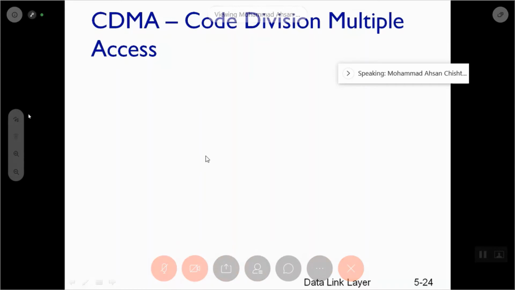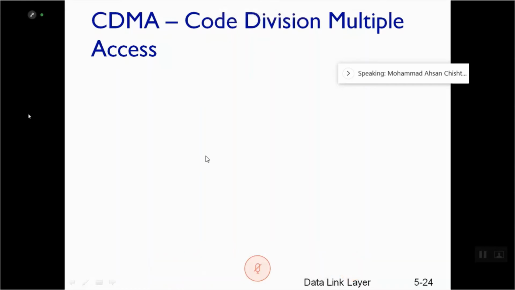So the third channel partitioning protocol is CDMA, Code Division Multiple Access. And what it does basically is assign a different code to each node.